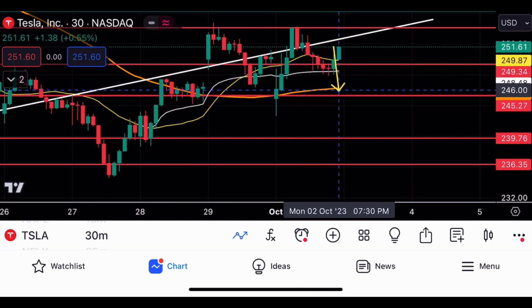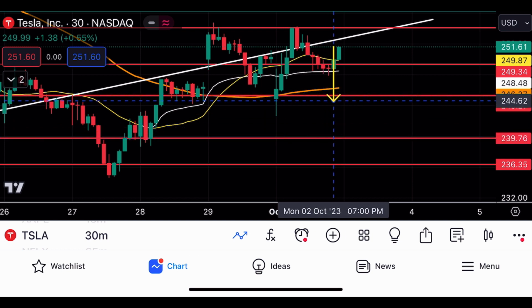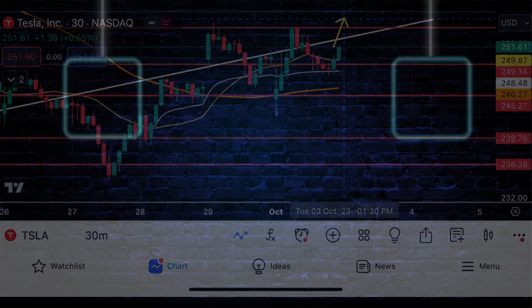We could bounce, and then if we lose that, then we have our support at 245.27. If we lose that, then we know for a fact sellers are strong because that's a lot of confluences. If we lose that, then that important 239.75 area comes next.